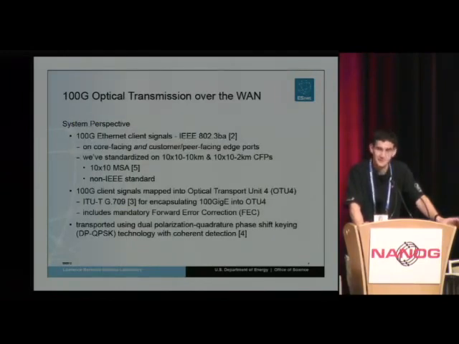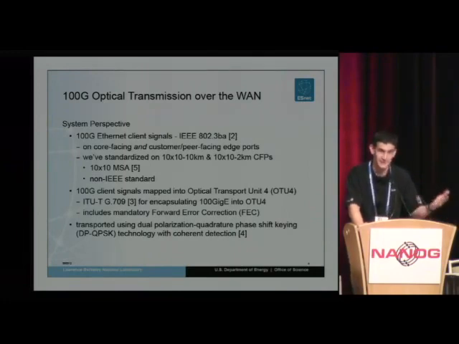Okay, so that's just sort of an overview of ANI and ESnet. Now I'm getting more into the meat of the topic here. So just taking a step back from a high level, the transport system is really taking 100 gig client signals, encapsulating those with G.709 into a new optical transport network signal called OTU4.